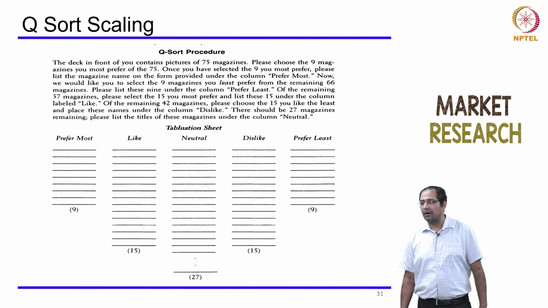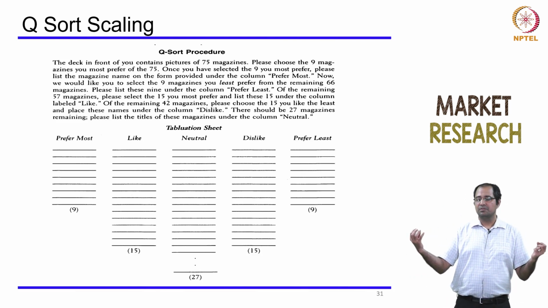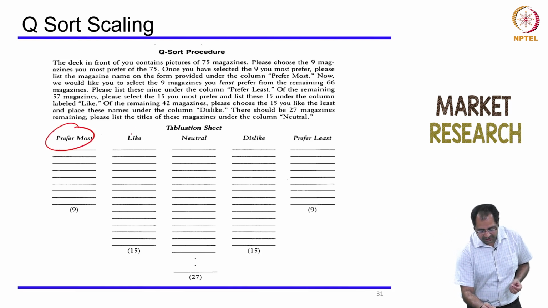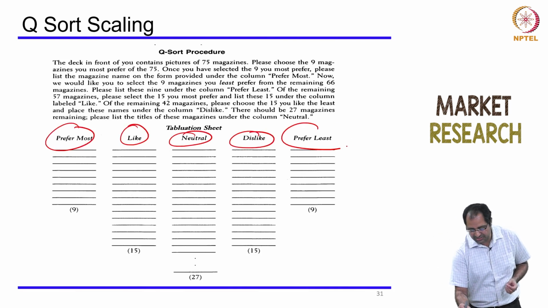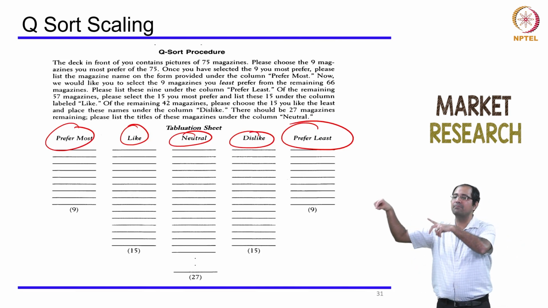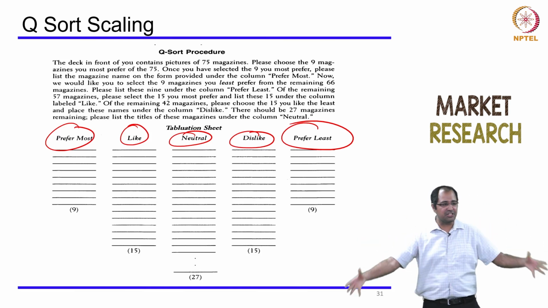Let's say a firm has 100 new product ideas and they want to determine which of these ideas are promising to the potential market, and which are not. So they would call, let's say, 100 people and tell them to place these ideas as the one you prefer most, like, neutral, dislike, and prefer least. So they will read each of these ideas and put them in these 5 buckets.